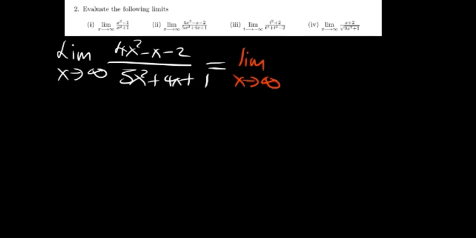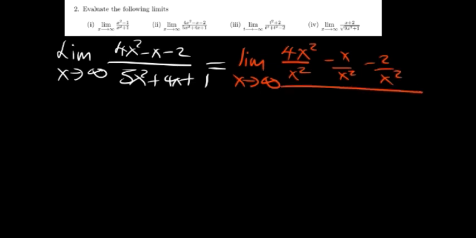So for the top part, you divide by x squared throughout. So you're going to have 4x squared divided by x squared minus x divided by x squared minus 2 divided by x squared. We're dividing by the x squared attached to each term. And then for the bottom, 5x squared, the highest is x squared, so divide by x squared throughout.